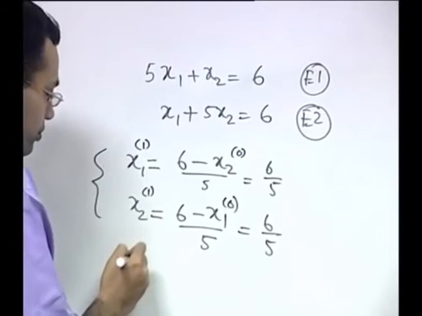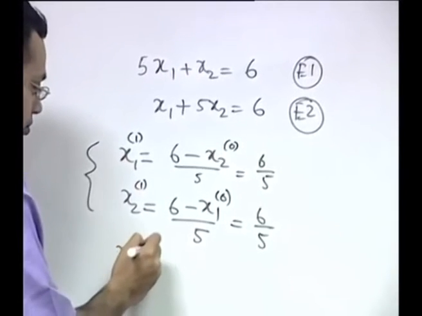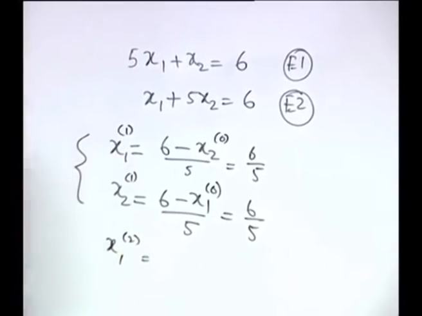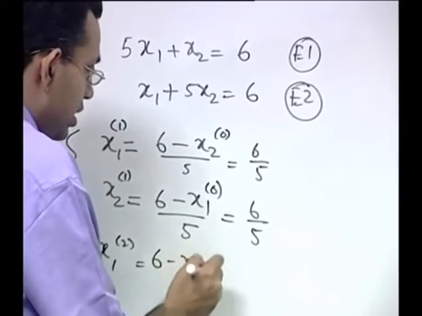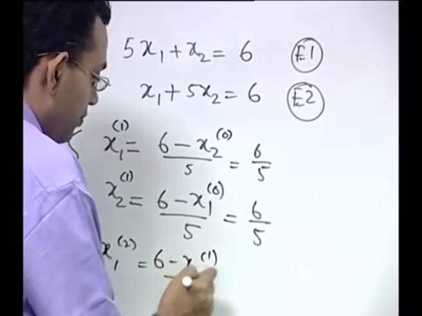Then step 2, x1 2 is equal to 6 minus x2 1 by 5.